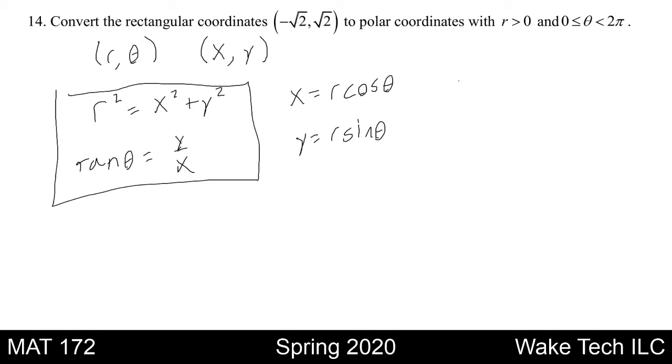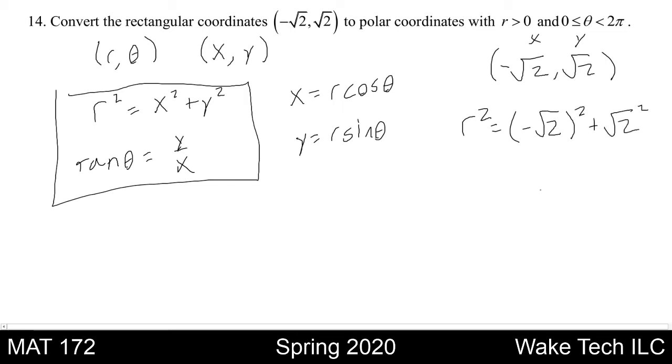All right, so we can say that r squared equals x squared plus y squared, and we have an x and a y in our point here, negative square root of 2, square root of 2. So that means r squared is equal to negative square root of 2 squared plus the square root of 2 squared.